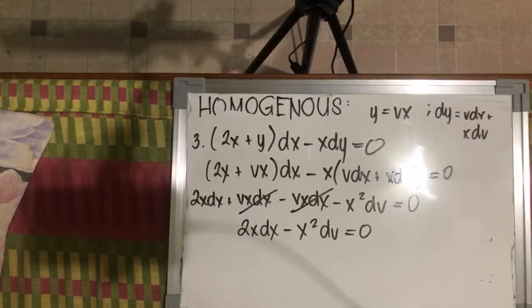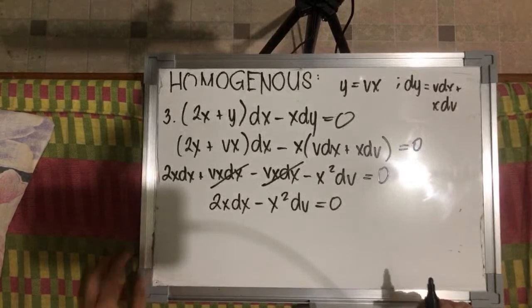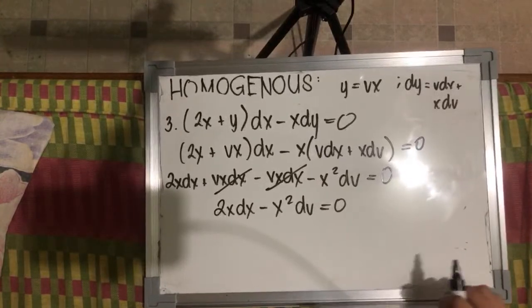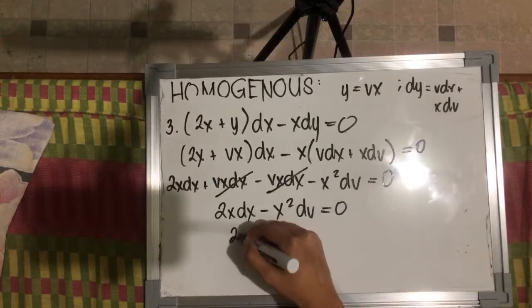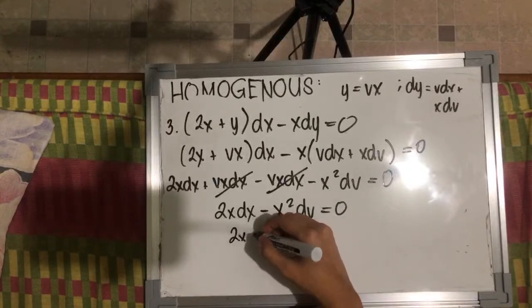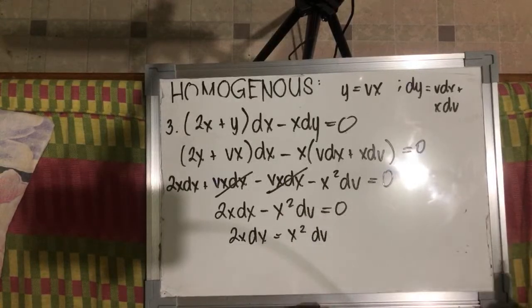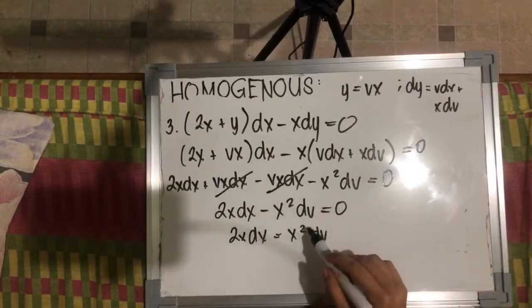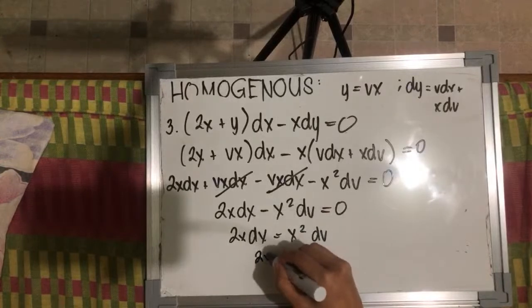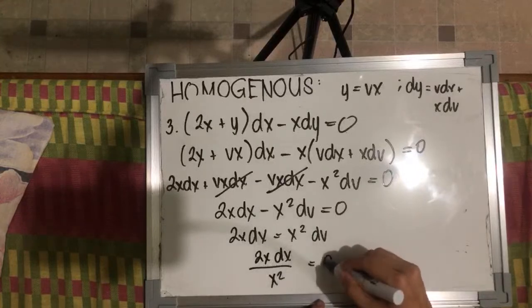So, tuloy na natin. Ayan. So, transpose ko to sa kabila. 2x dx is equal to x squared dv. So, combine similar terms. Pupunta ko to dito. So, 2x dx over x squared is equal to dv.